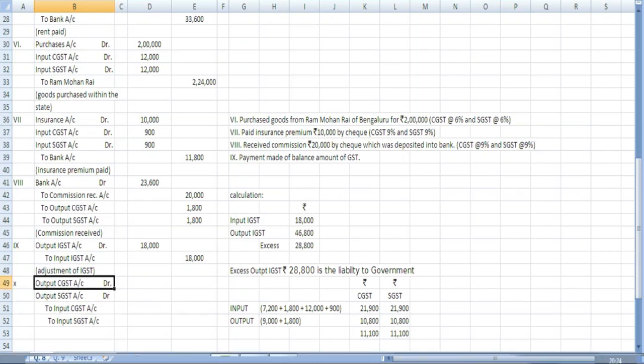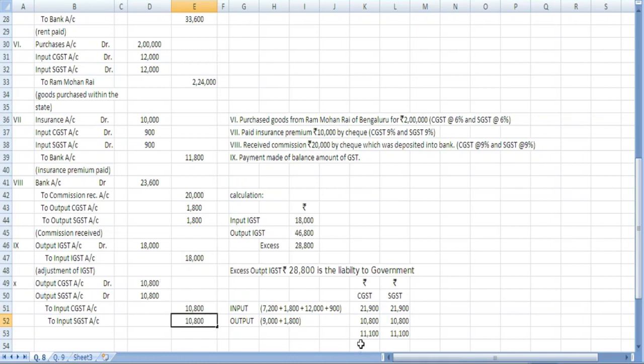Now here input and output will be settled. What we have already collected, 10,800 CGST and 10,800 SGST, will be settled with the input what we have paid. So 10,800, so we have settled.